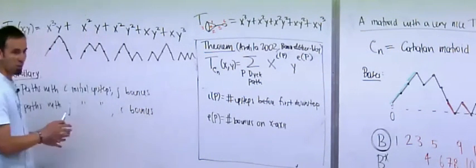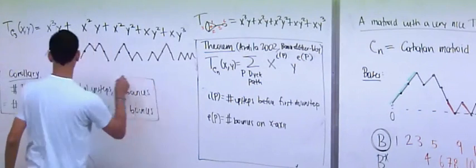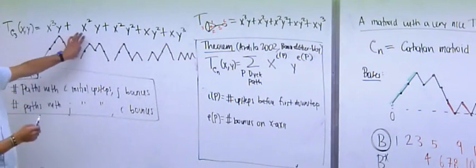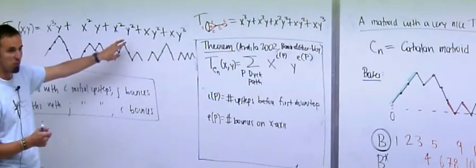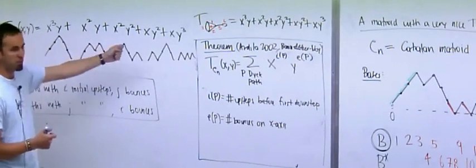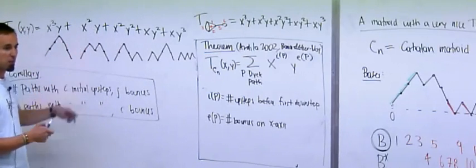It's a completely combinatorial theorem. How do you prove this theorem? What I'm saying is that the coefficient of x to the i, y to the j equals the coefficient of x to the j, y to the i. That this polynomial is invariant under exchanging x and y.